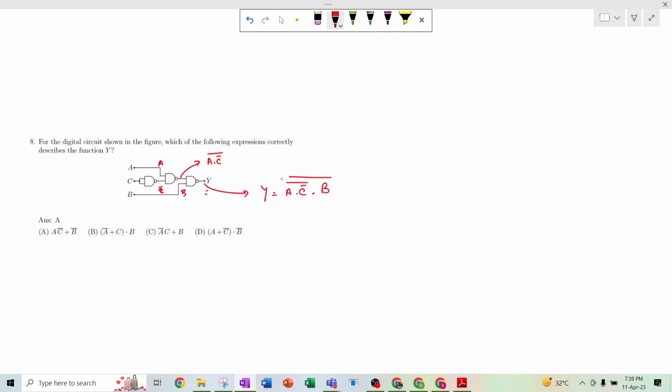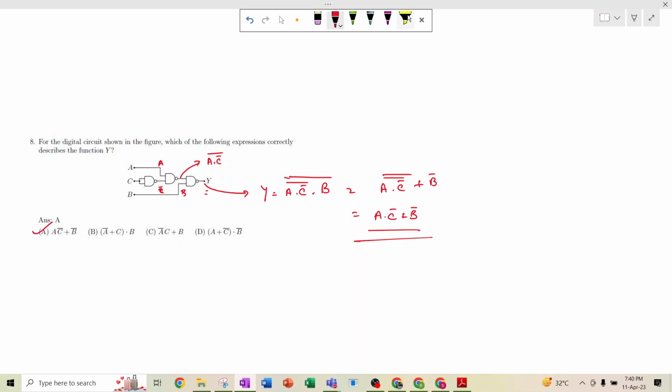And in Y, this Y should be A into C bar, whole bar multiplied with B, total bar. Now we'll use De Morgan's theorem. Simply A into C bar whole bar, plus B bar. And now the two bars cancel and it becomes A into C bar plus B bar. Okay, so this is a simple thing. So the correct answer is option A, right?